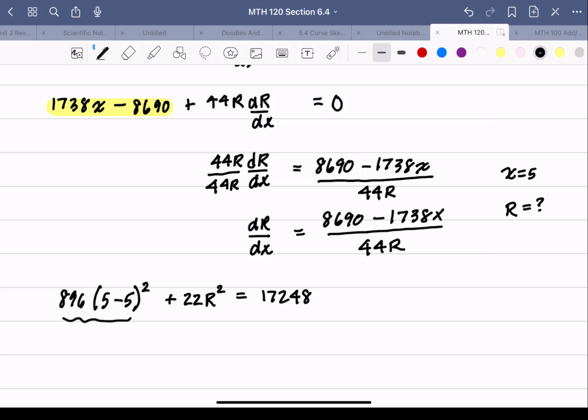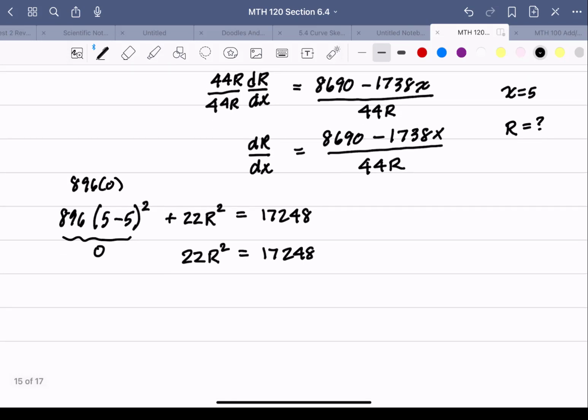Well, this is going to be 0 because 5 minus 5 is 0 and 896 times 0 is 0. So I have 22r squared equals 17,248. Divide by 22, both sides. R squared is 784. So R is 28. Now it would be positive and negative 28, but because it's revenue, my revenue is not going to be negative. It's going to be at least 0.